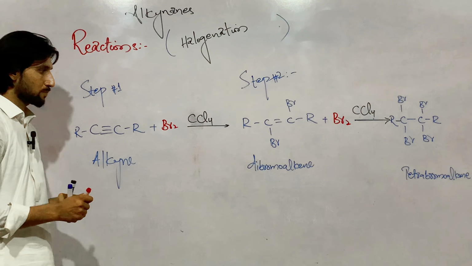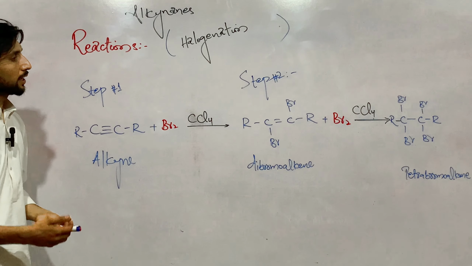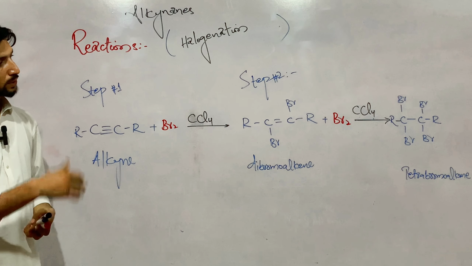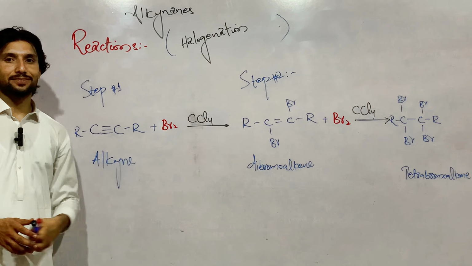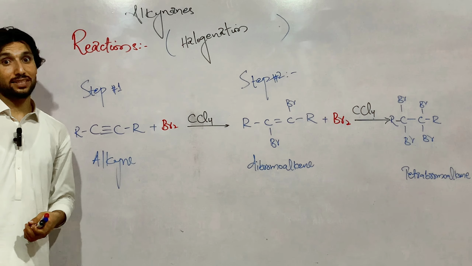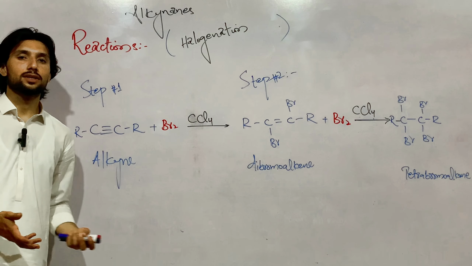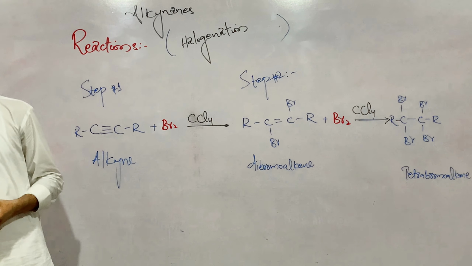In one step we got dibromoalkene, still unsaturated, and then to that unsaturation addition of another bromine molecule gives tetrabromo saturation at the end. This happens in non-polar medium. We discussed what happens if it happens in polar medium like water. For that you must watch our video on alkenes.